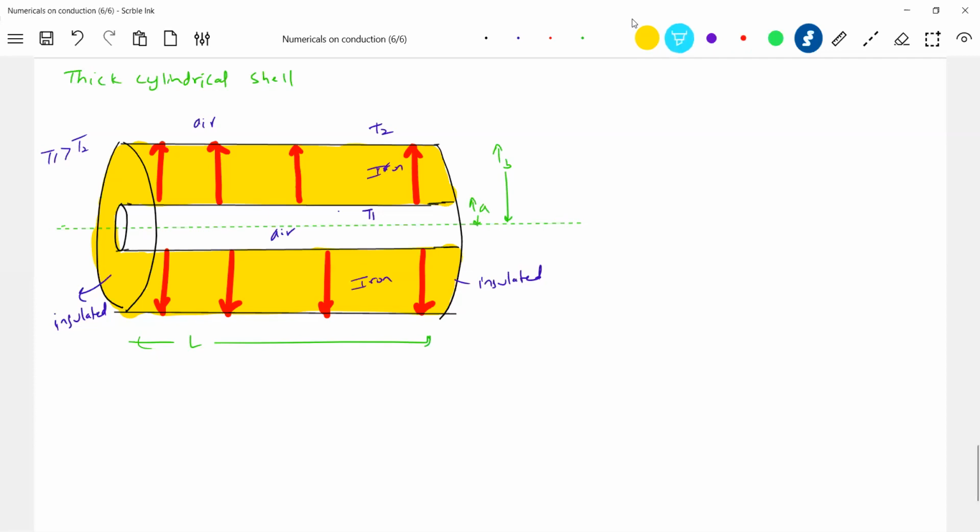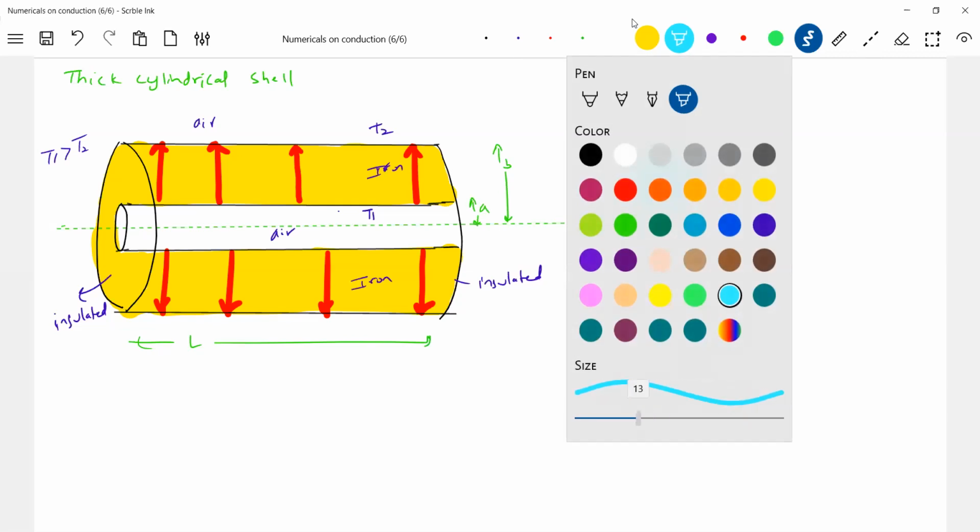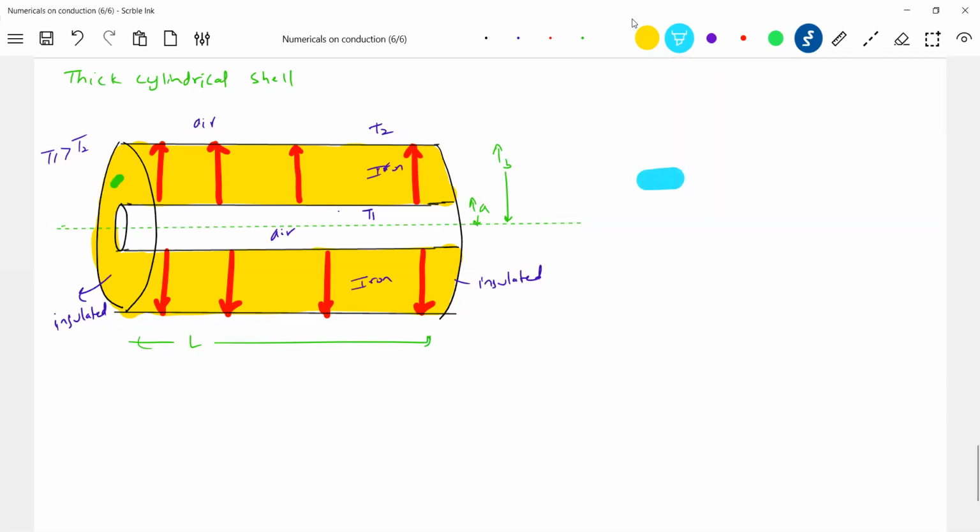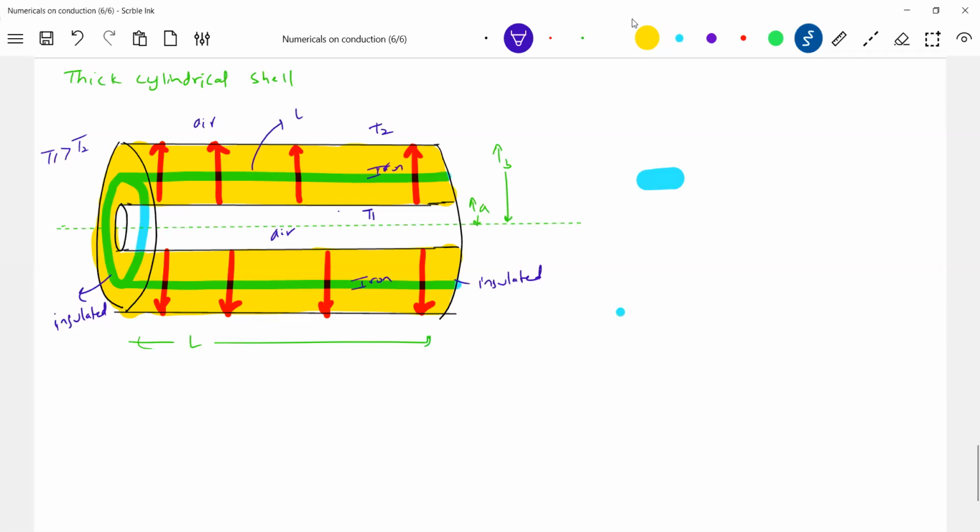I'll bring it like this here. So what we should call this as thin cylindrical shell.